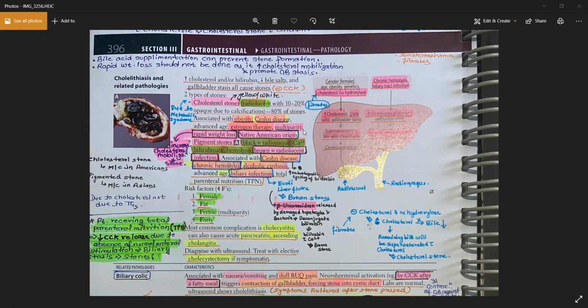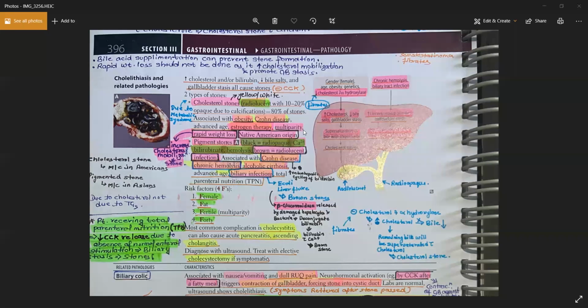Because of estrogen, yeah, one cause. Another cause, the amount of fat inside the body increases. Gallbladder hypomotility contributes, but that is minor.